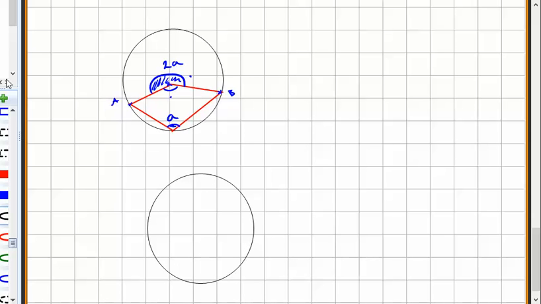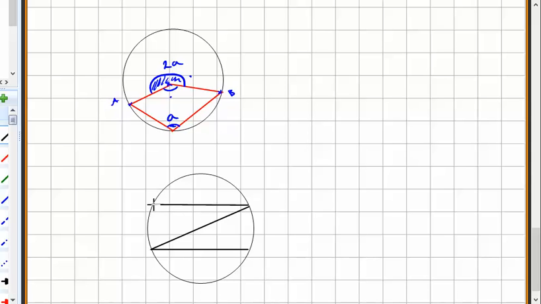So if you have another circle, if we were to draw lines across, and then join them up, so we know that this line is parallel to that line. Yeah, they're parallel.